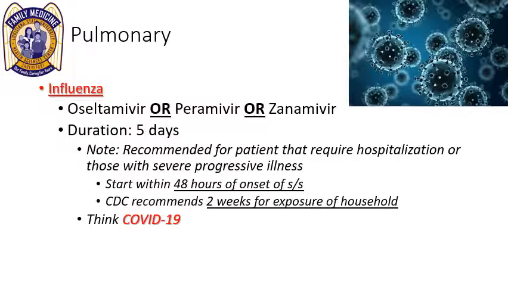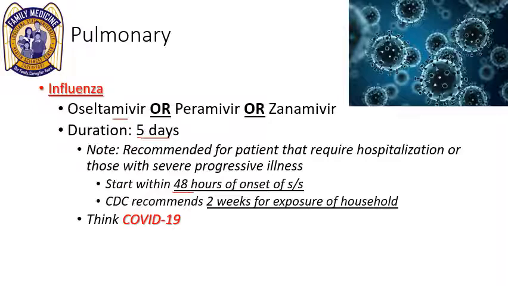So influenza, Tamiflu, oseltamivir, you can use peramivir or zanamivir as well. It's going to be for 5 days, and it's recommended that the patient who does require hospitalization with severe progressive illness is not just left out into the wilderness. They're brought in, especially if they're hypoxic, not feeling well, unable to tolerate food or fluids and whatnot.